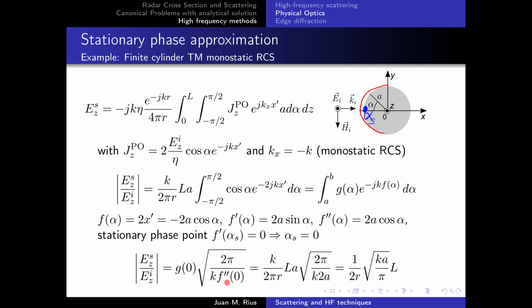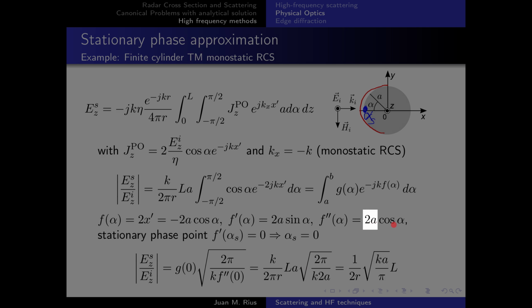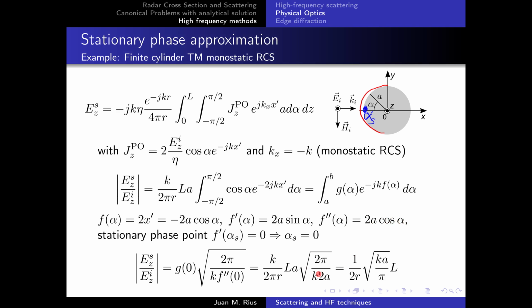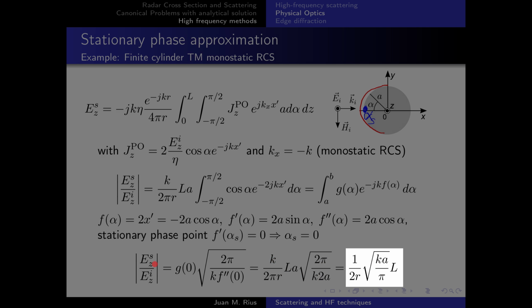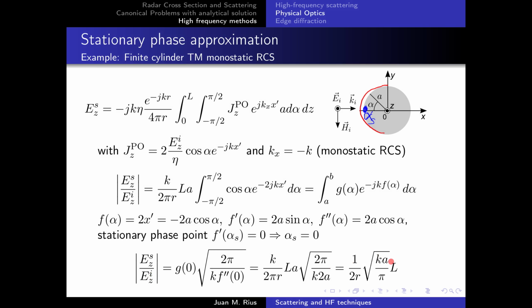The second derivative of f at the stationary phase point is 2a, because the stationary phase point is alpha equal to 0 and the cosine equals 1. We just cancel the k's and the pi's, etc., and we get this. This is the scattered electric field over the incident electric field as a function of the radius of the cylinder, the frequency, the length of the cylinder, and the distance of observation, for monostatic observation, for observation direction opposite to the direction of incidence.